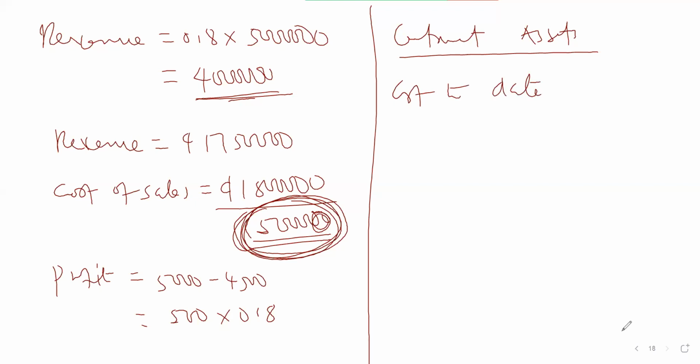The cost to date is what? 3.6. Okay, out of this 3.6, we have a loss, not profit. So that will be 50,000. Yeah. So what will be the difference?